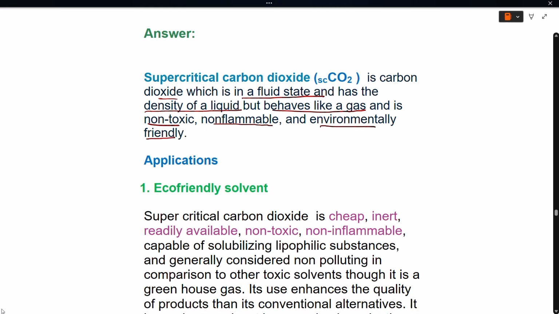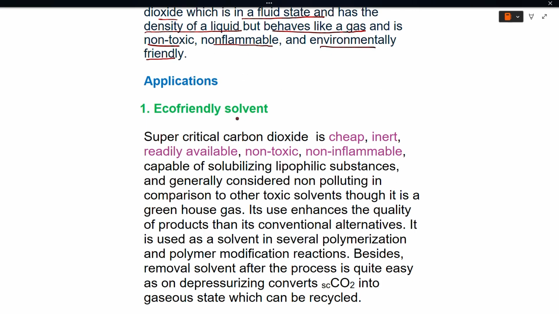Now, what are the applications? It is an eco-friendly solvent because it is very cheap, inert, readily available, non-toxic, non-inflammable, and it is capable of solubilizing lipophilic substances, and it is also considered non-polluting in comparison to other organic solvents.